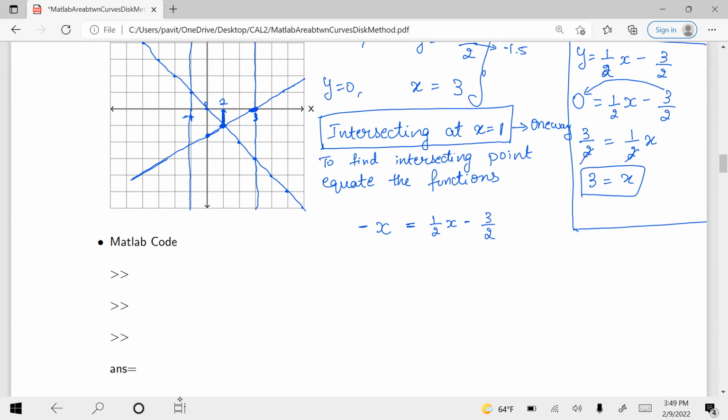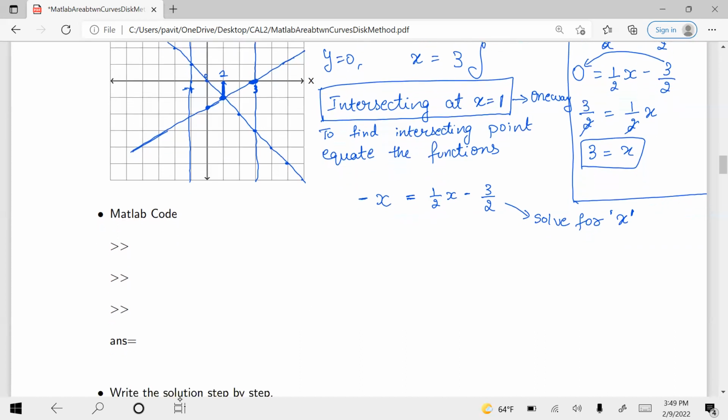And then you're going to solve for x. Whatever value you get at the end for x, that is going to be your intersecting point. Now, what will be the value for x after solving this? It's a very easy question.